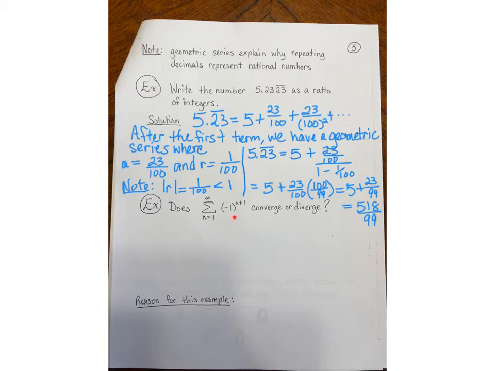Now, does this series, the sum n equals 1 to infinity of negative 1 to the n plus 1, does this converge or does it diverge? Well, let's write out a sequence to see what happens. So S1 is just equal to negative 1 squared, which is equal to 1.